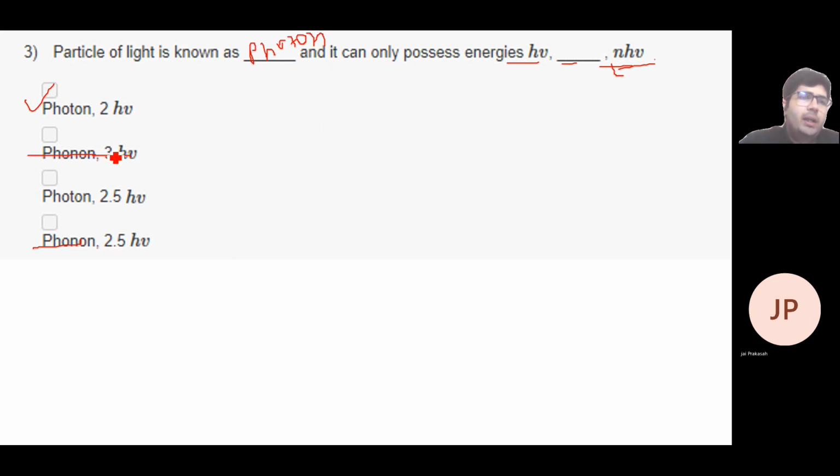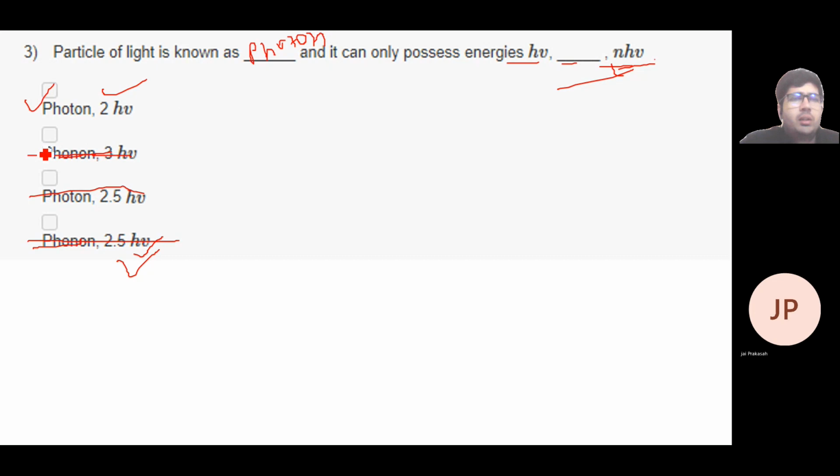Now check options A and D. In option A we have 2h nu, and in option D we have 2.5 h nu. We have already seen that the energy is only in proper integer form. It cannot be decimal like 2.5 h nu. So this option cannot be correct and is eliminated.